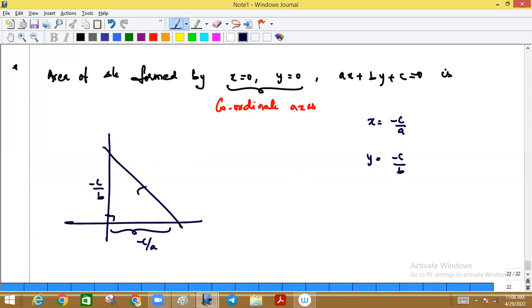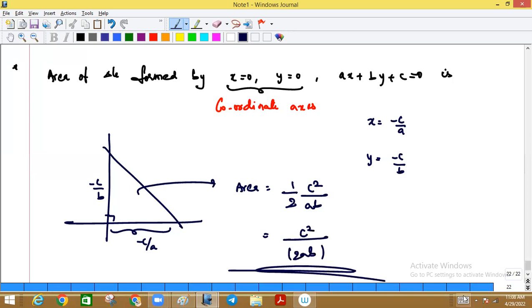What is the area? Right angle triangle. Area is half c square by ab. Therefore, c square by mod 2ab is the area. Even if you get a negative value, take it as positive because c square is always positive. So there is only a chance that you may get a negative in the denominator, but that also you take positive. That is the reason I'm putting it into modulus. You understand? Because area will never be negative.